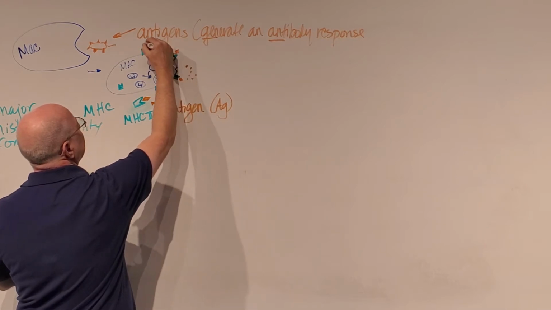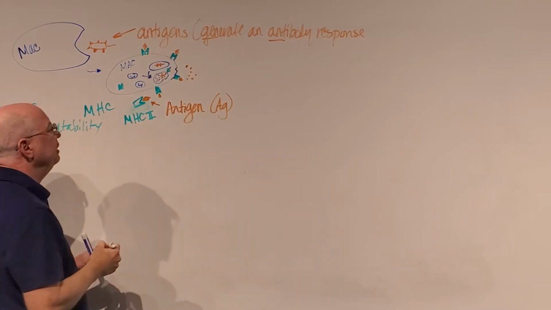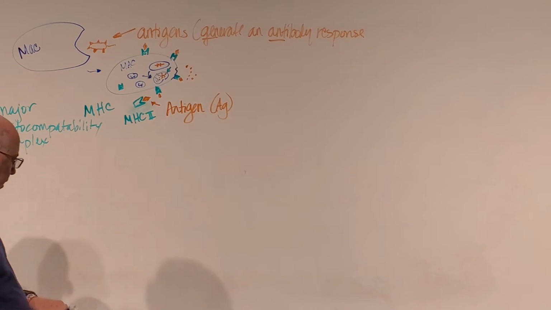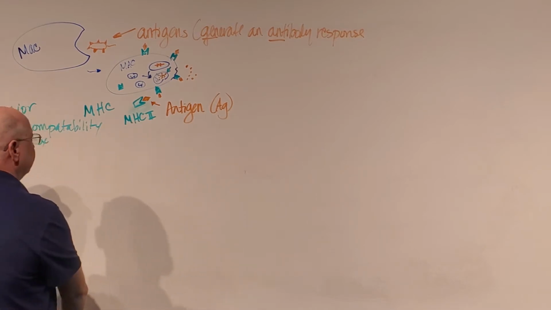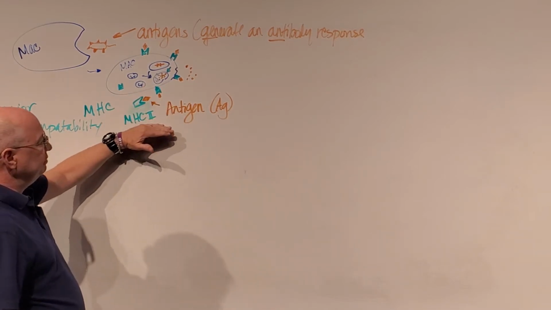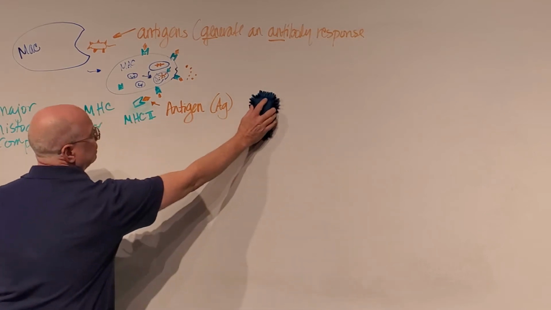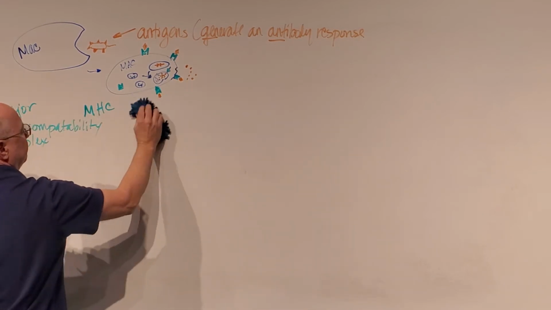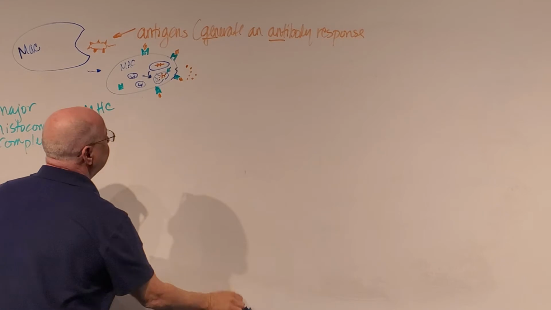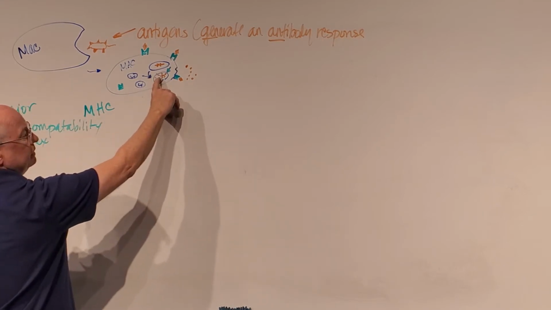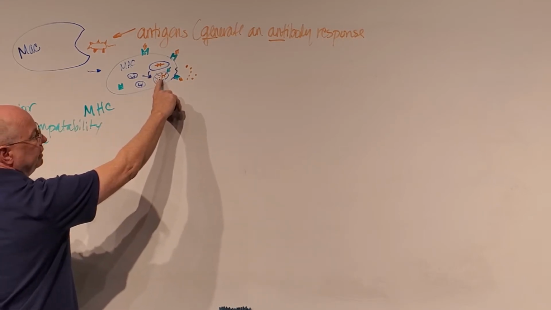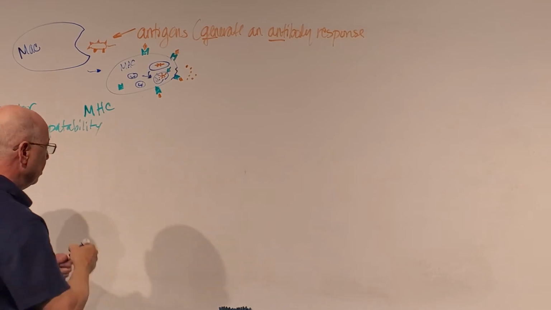I'm drawing the antigen like a little diamond for a reason. Now, once this macrophage has the MHC molecule and the antigen, I'm going to erase this, but all of that happens, the binding of the MHC molecule happens inside the lytic vesicle, and then it's presented onto the cell membrane.